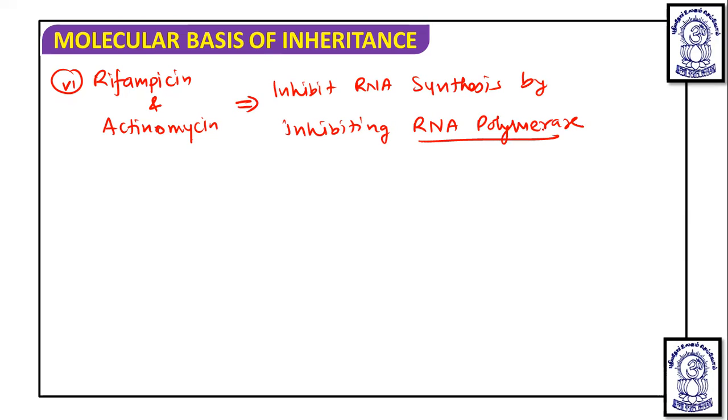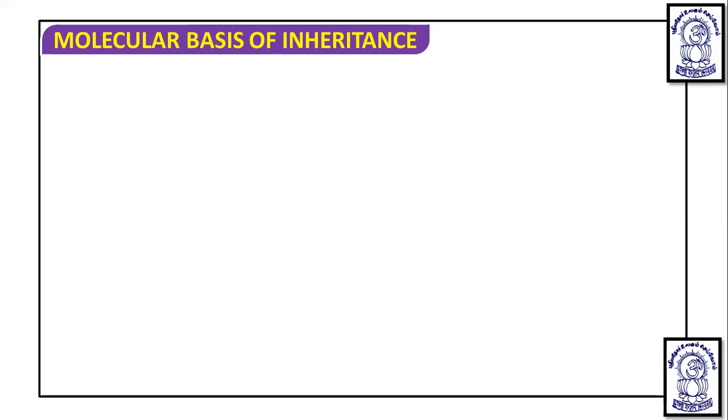You know, students, that if RNA polymerase does not act, RNA synthesis will not occur, and without formation of mRNA, translation cannot occur. So this way, these antibiotics act on transcription, and translation is inhibited.